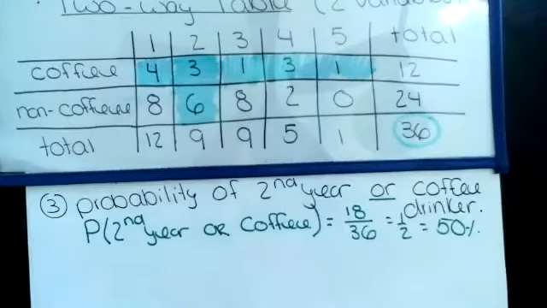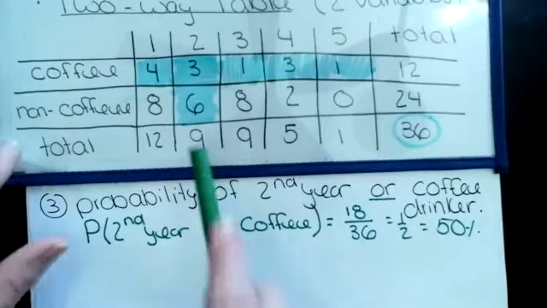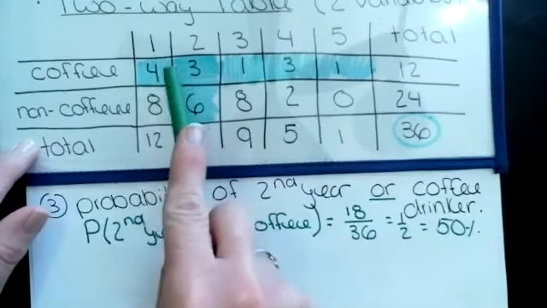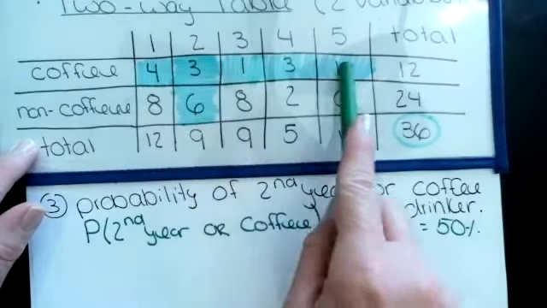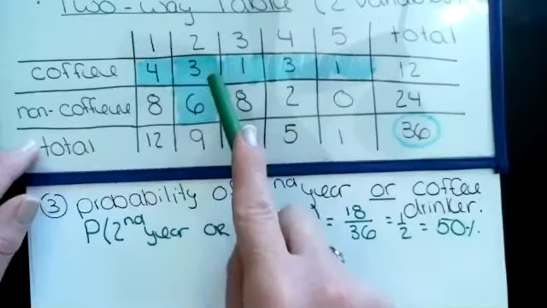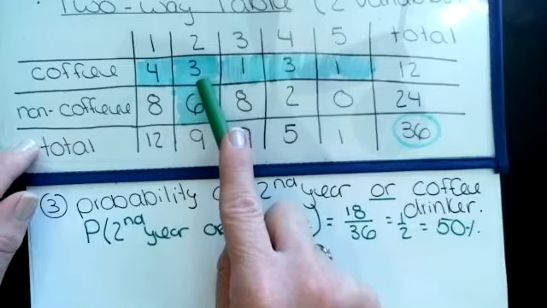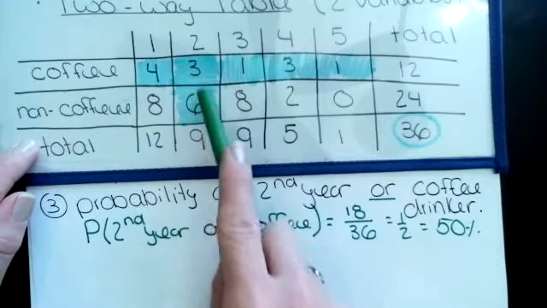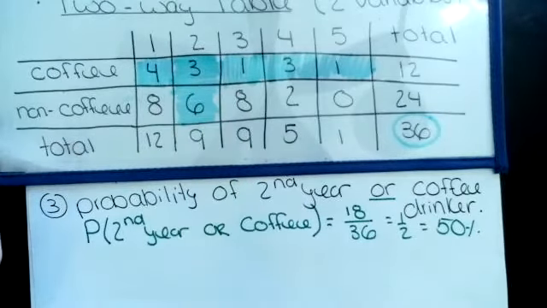So we have a special formula for that, and I'm going to show you that in a little bit. So the table allows me to count all of the shaded boxes once. And I don't have to worry about double counting those 3 students that overlap, that are second year and coffee drinkers. That's when this table comes in really handy, and it's really nice because I feel like there's less room for mistakes.